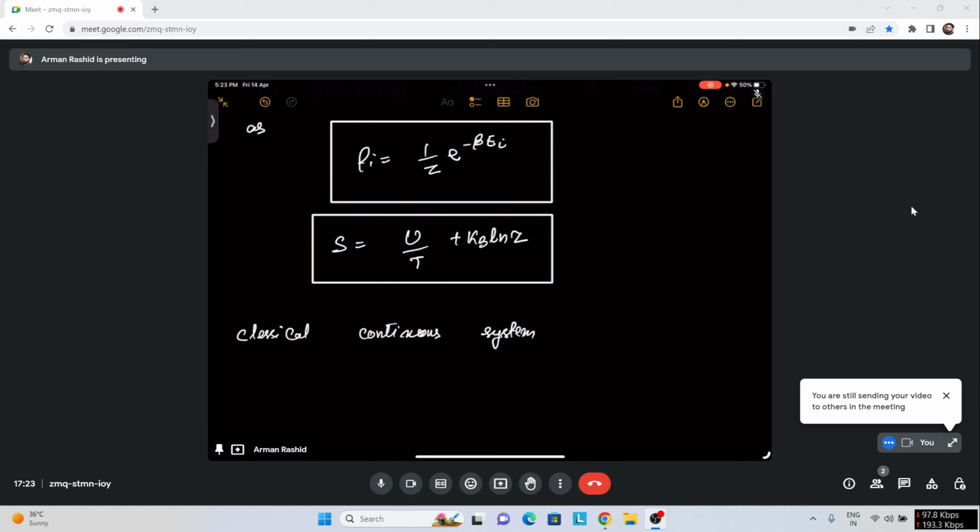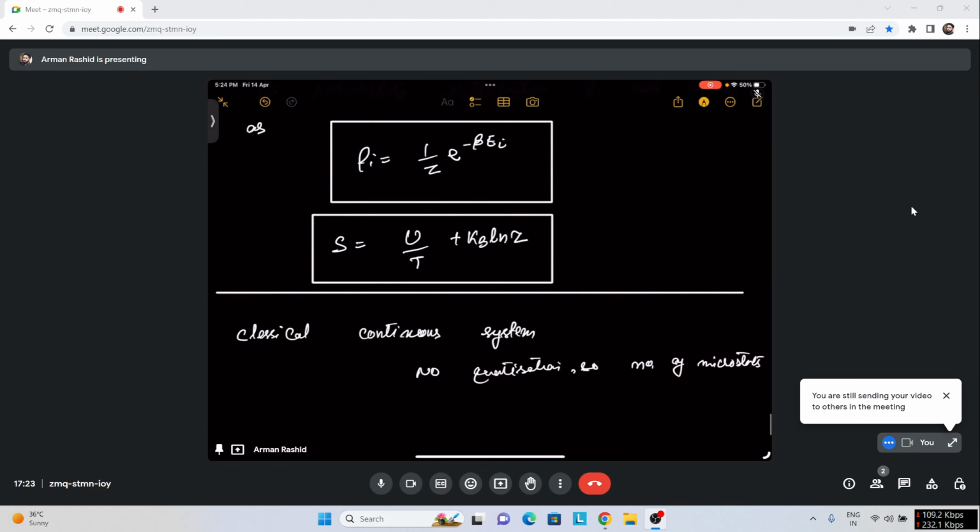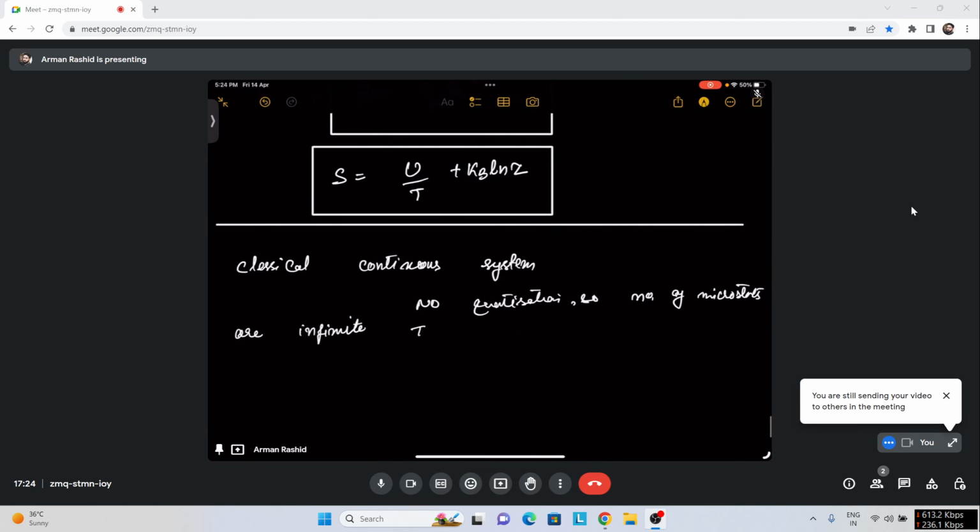So since there is no quantization, the number of microstates is infinite. Thus the sum is replaced by an integral.